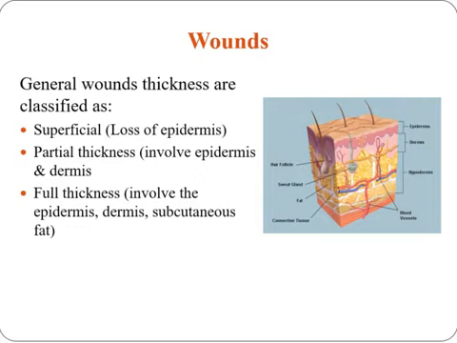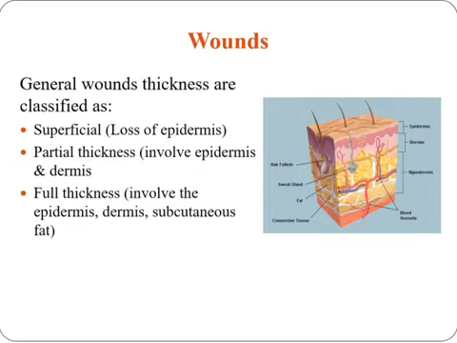Okay, so let's get into some of the specifics of wounds. So if you remember back to anatomy and physiology when you learned about skin, there's the different layers of skin, and we have the epidermis, dermis, and the subcutaneous layer. So this is also how we are going to qualify and quantify our wounds.